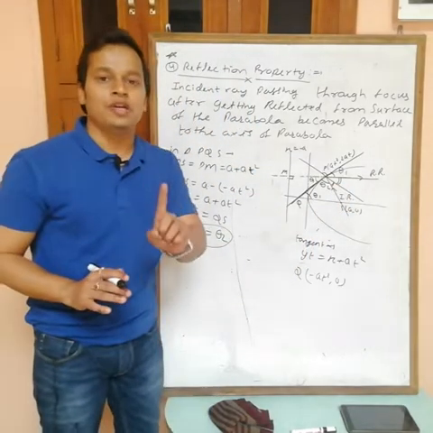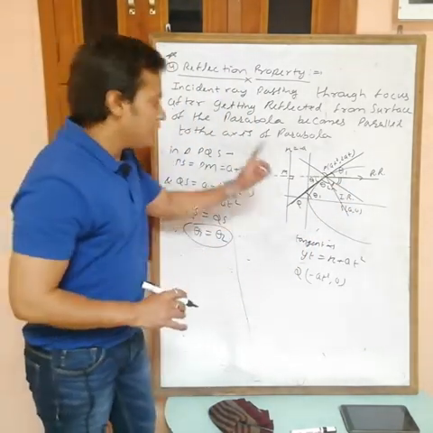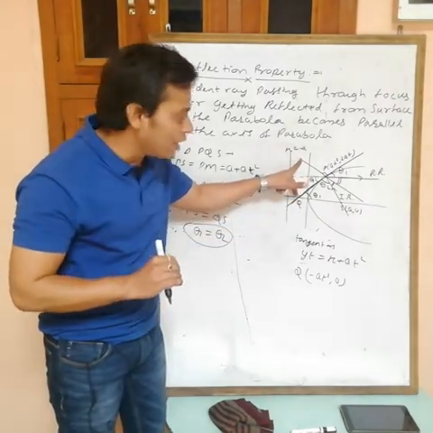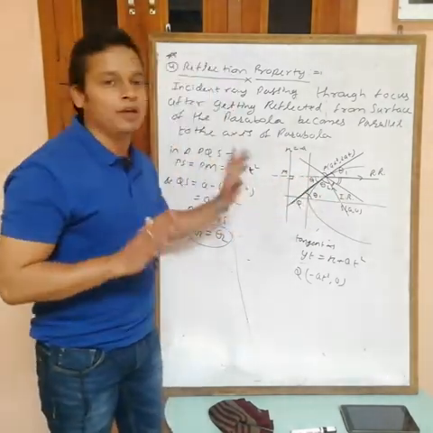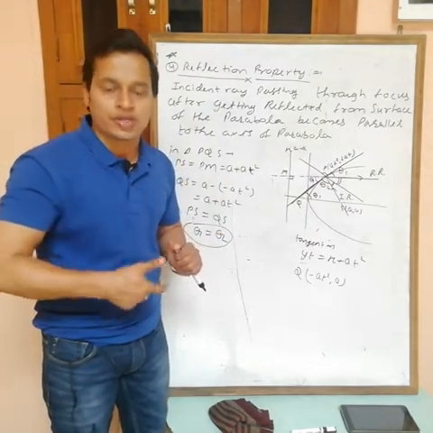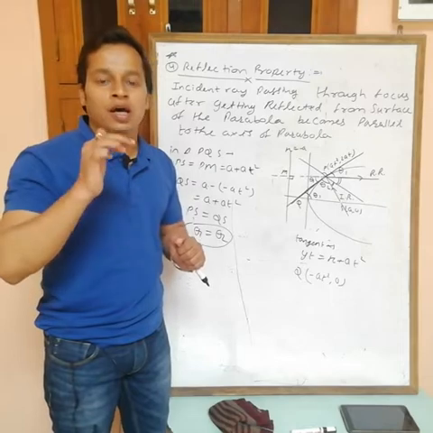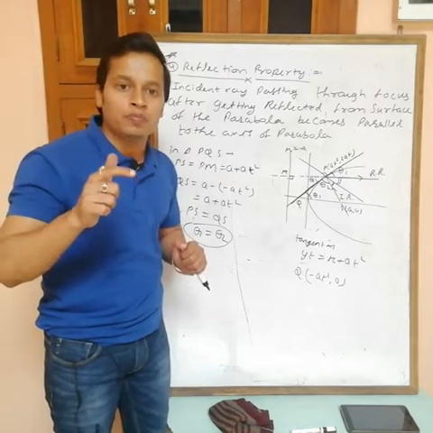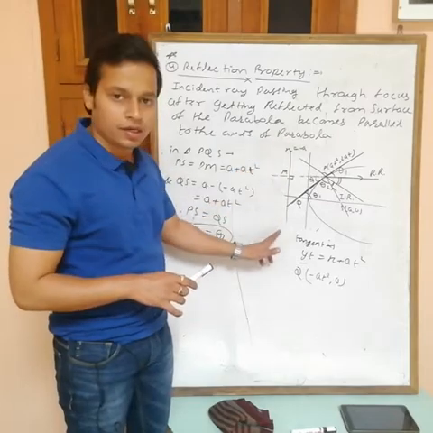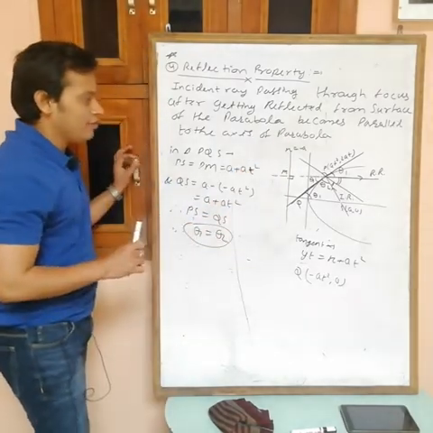At the end, simply remember one thing: tangent and normal both bisect the angle between PS and PM, where P is any point, S is the focus, and PM is the line joining the point to the foot of the perpendicular on the directrix. So at the end, what do we have to remember?